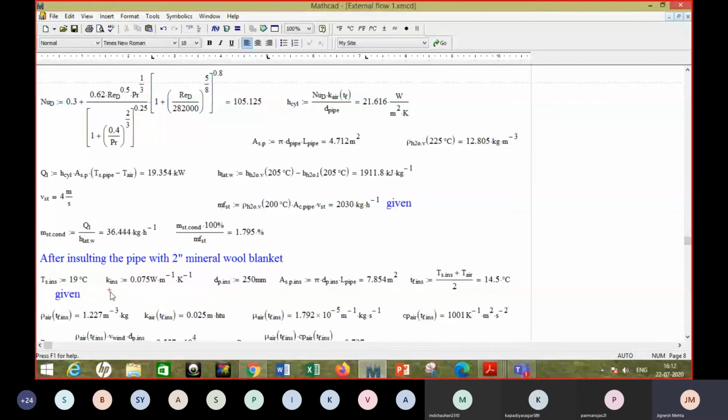It reduces to just 19 degrees Celsius, just 9 degrees above the air temperature. Now this has been given to you. As of now, you need not worry whether it will be really 19 degrees Celsius or not. With some means, I have got the right estimate. So it reduces to 19 degrees Celsius as given to you.